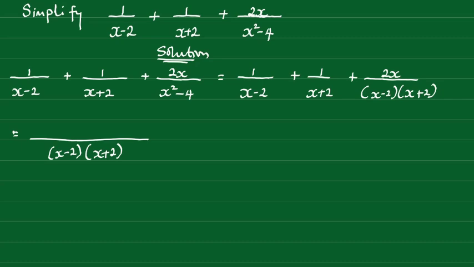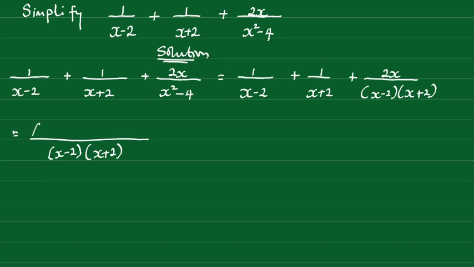Now we divide (x minus 2)(x plus 2) by x minus 2. When we do this division, what we're left with would be x plus 2. Now x plus 2 times 1 gives us x plus 2.